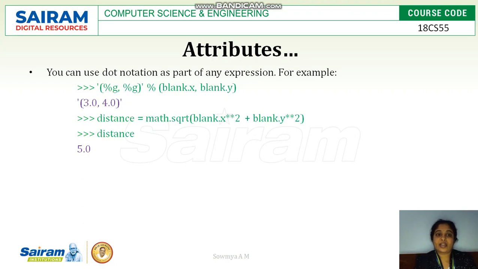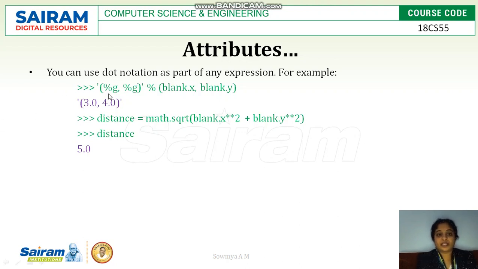Next, you can use dot notation as a part of an expression, like in a print statement or in any mathematical expression. We can use dot notation for accessing the values from the object. Like blank.x will get you the value of x from the blank object, and blank.y will get you the value of y from the blank object.